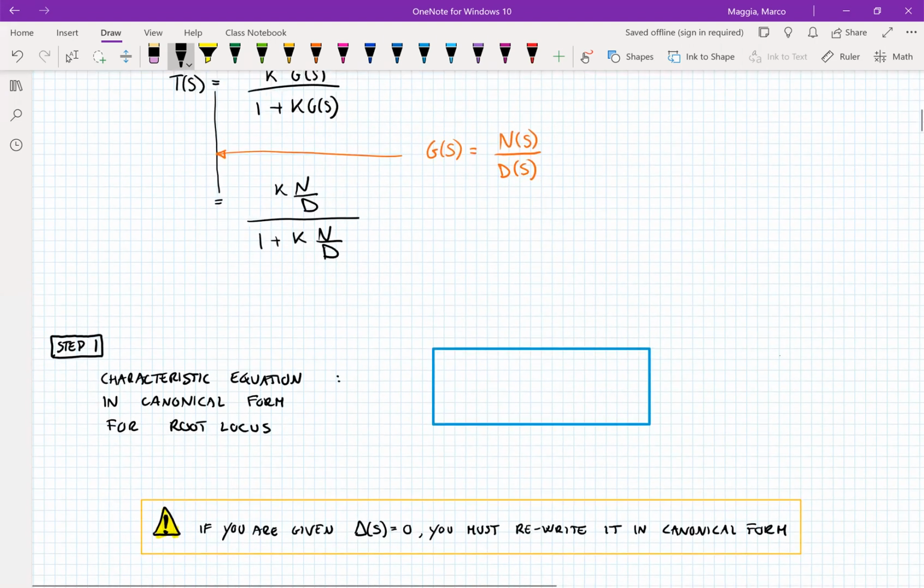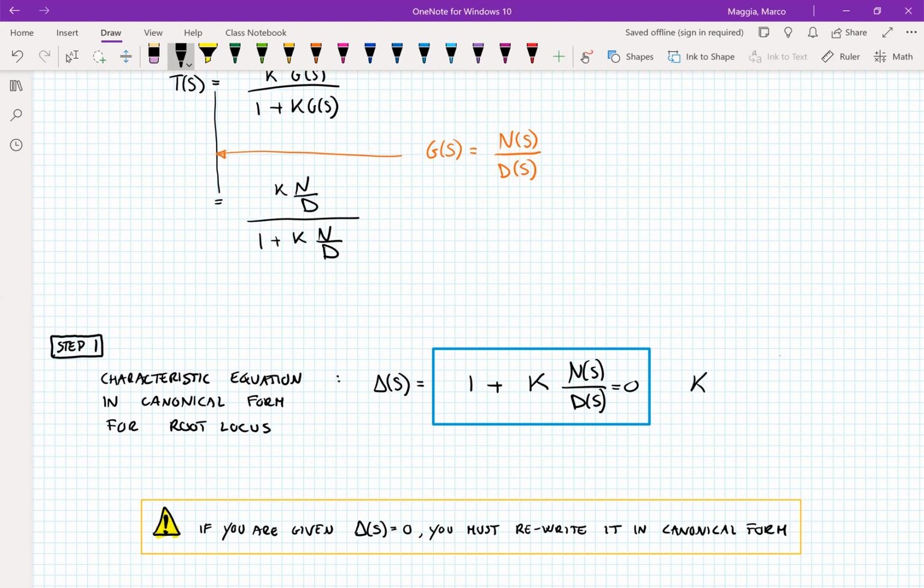So step number 1, what we want to do is find or rewrite the characteristic equation in a so-called canonical form for the root locus. And the canonical form for the root locus is, delta of s is exactly what we wrote, 1 plus K times N over D equals 0.